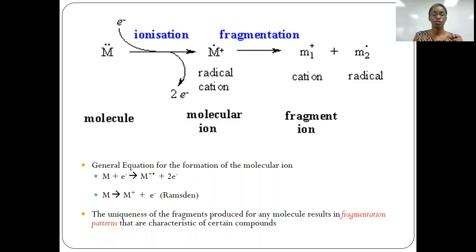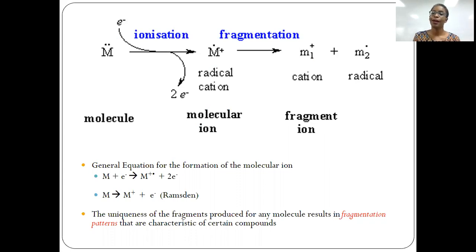But the ionization happens where the molecule, an electron comes in and knocks another one off, so that you have the two electrons leaving, and then you get your radical cation, or as we refer to it, the molecular ion.